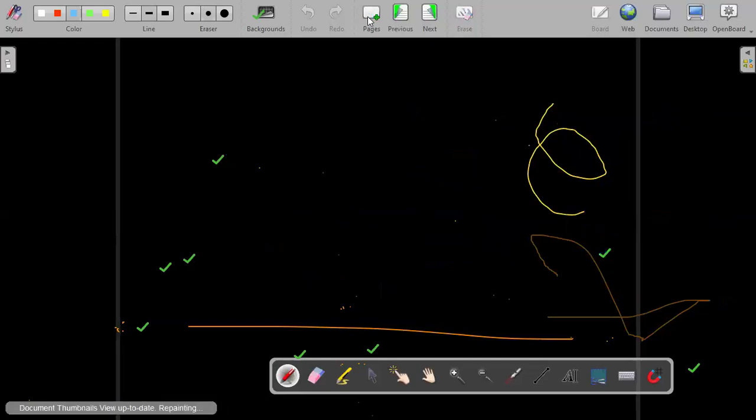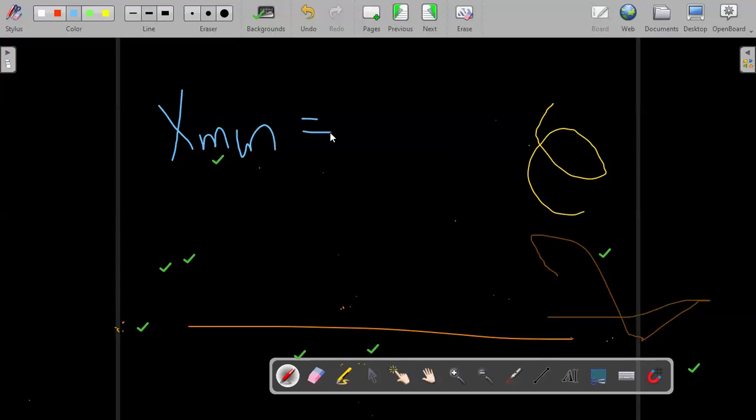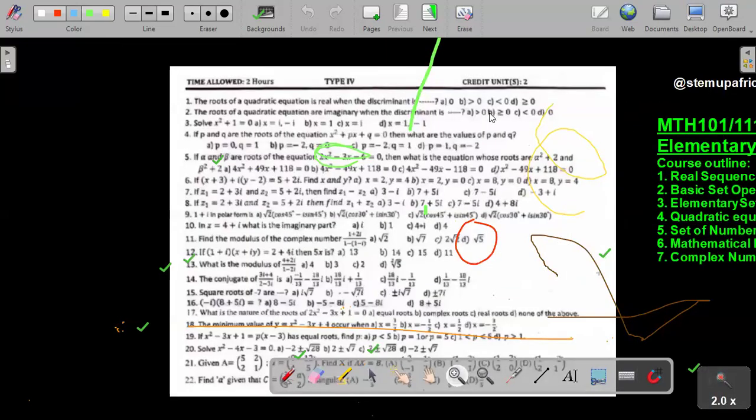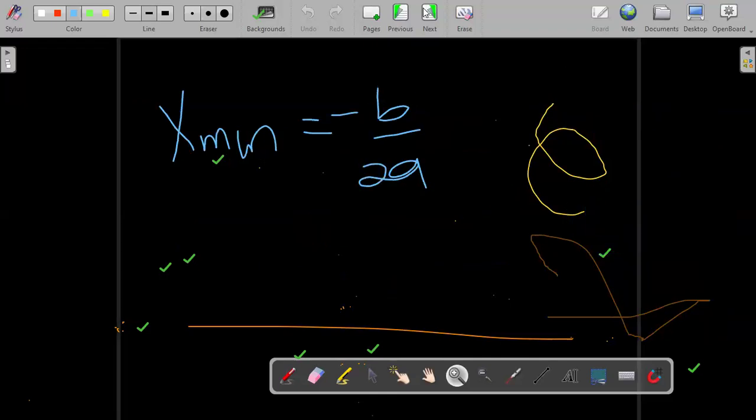The minimum of x is x minimum, which is minus b over 2a. That is the formula for x minimum: minus b over 2a. So my b is 3, my a is 1. So let's get that.